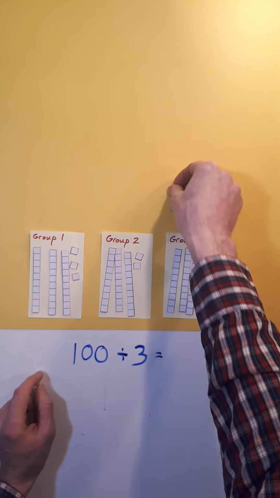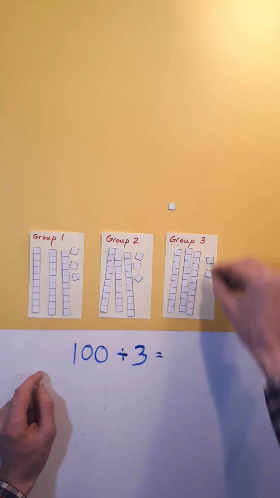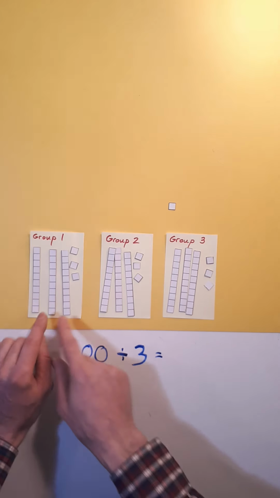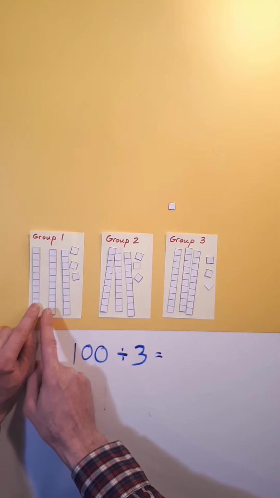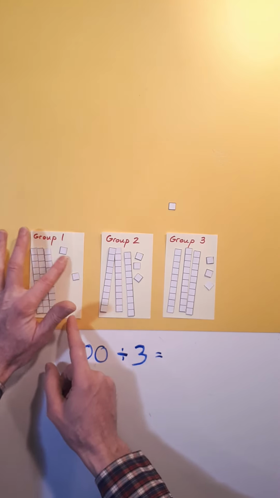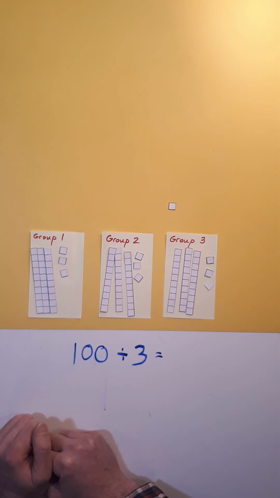Doing some morning math. Okay, so, hey, flip that over. So now we see that in each of these groups, we have 1, 2, 3 groups of 10 and 1, 2, 3 ones.